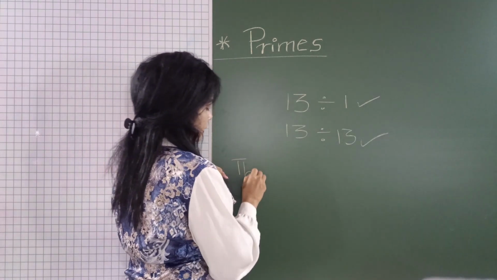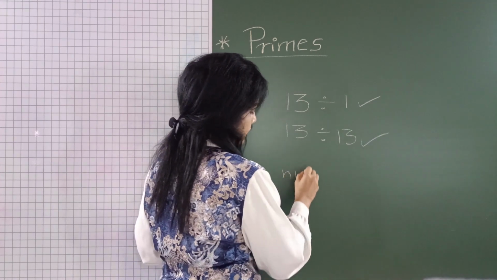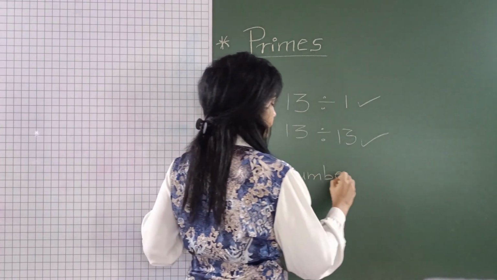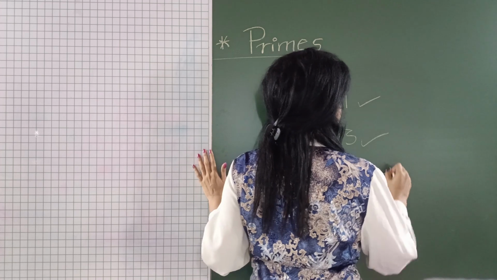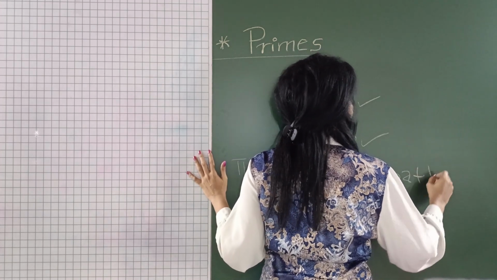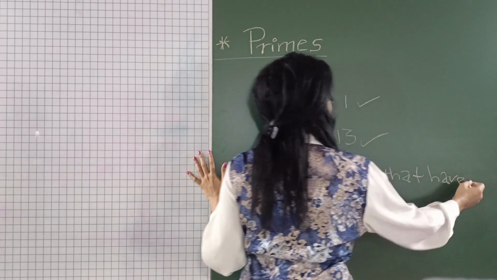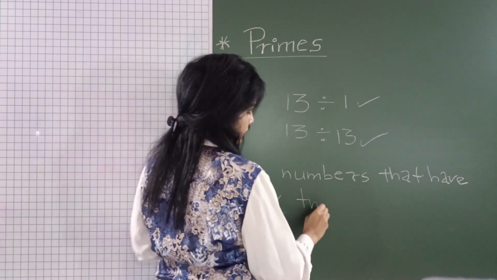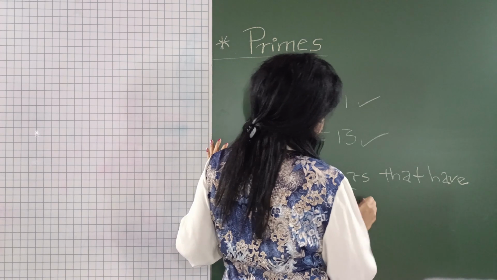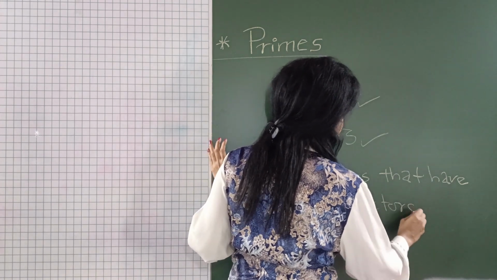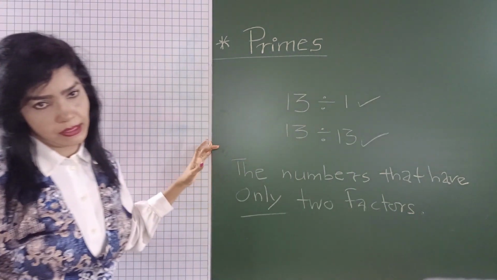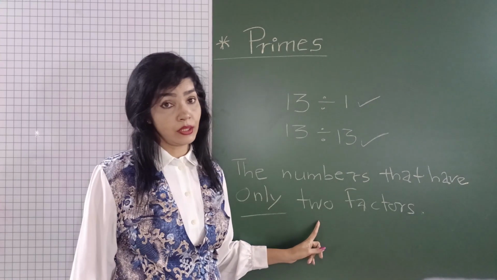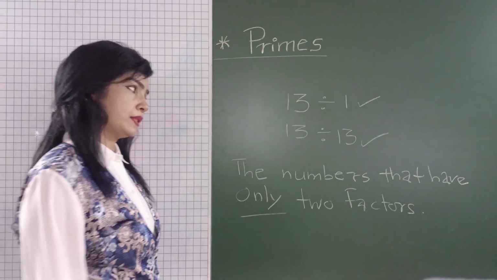The numbers that have only two factors are prime numbers.